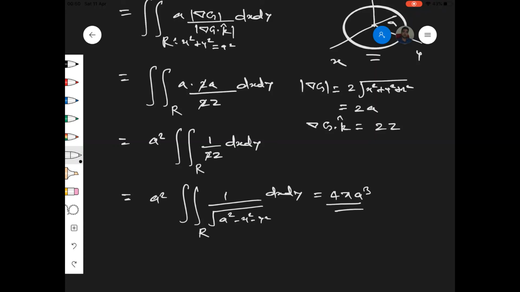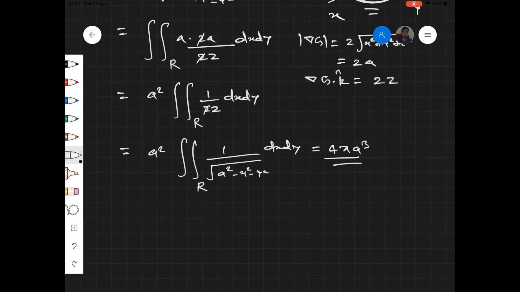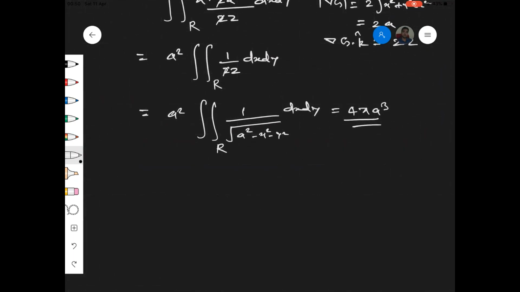It's not a challenging integral. You can simply solve it by converting it into polar coordinates, and the limits can be put for a disk whose radius is a. So this 4 pi a cube came out to be the value of the left hand side, which is double integral f dot n d rho over the surfaces.